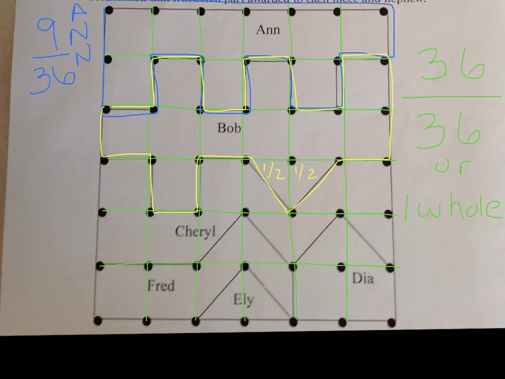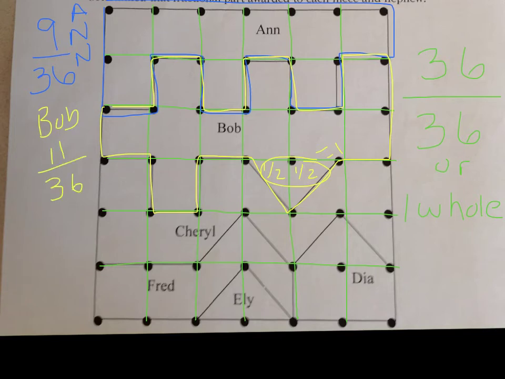So as I count up everything for Bob, I notice that there are 1, 2, 3, 4, 5, 6, 7, 8, 9, 10 wholes and 2 halves. I know that if I add the 2 halves, I have 1 whole. So in total, Bob has 11 out of the 36 total pieces of land.